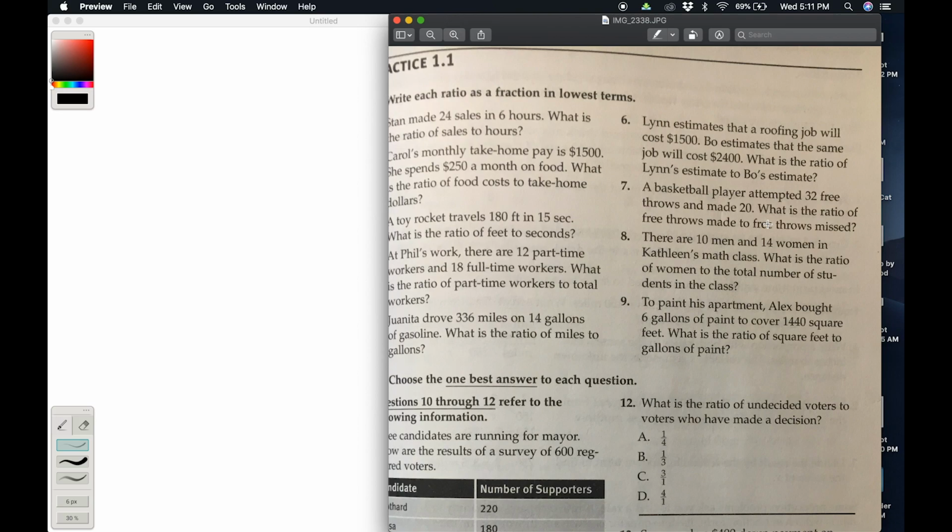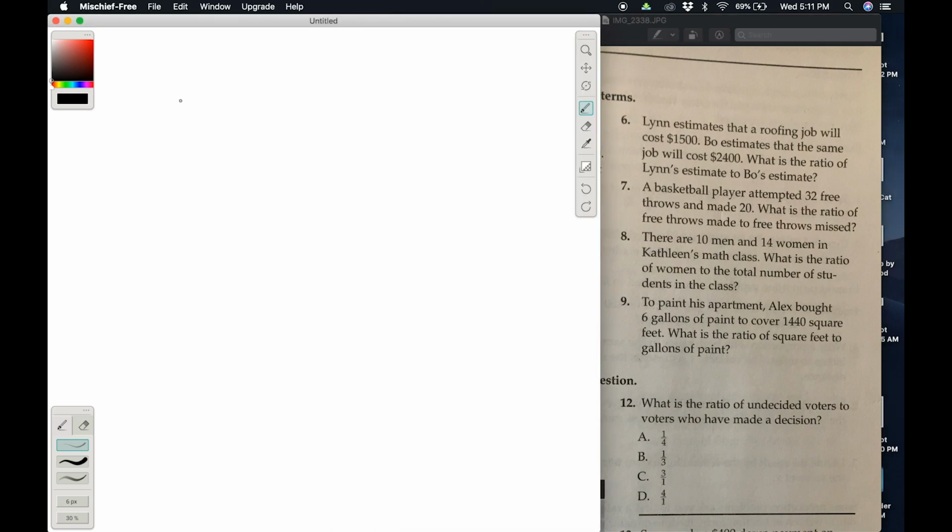So we know he made 20. It doesn't actually tell us how many he missed, but we can deduce it from the total amount that he attempted, which is 32, and he made 20 of them. So we know that the missed ones are 12.